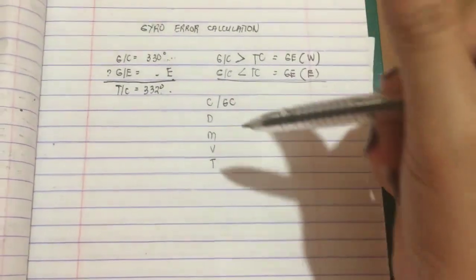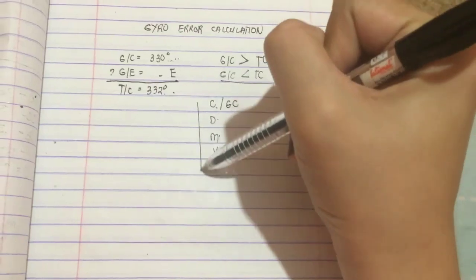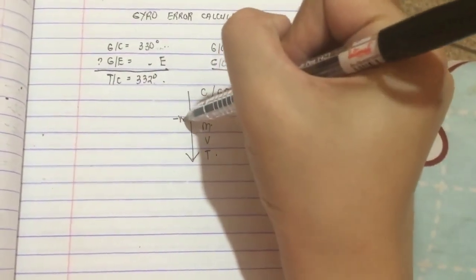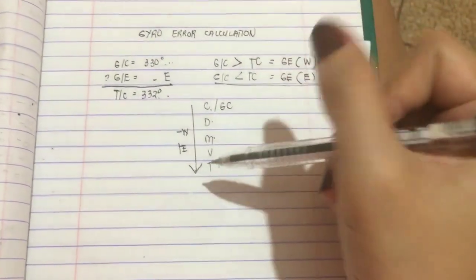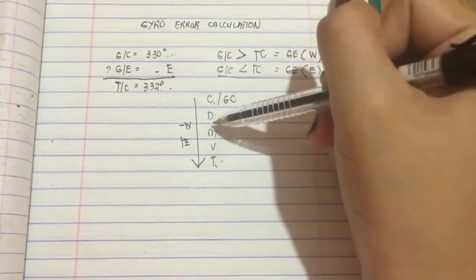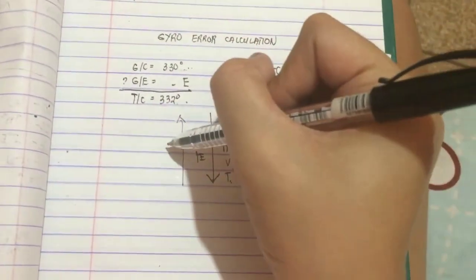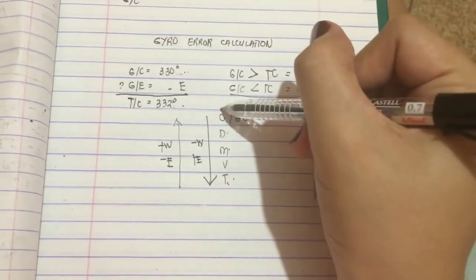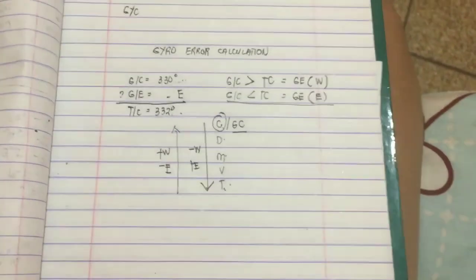So the rules regarding CDMVT: compass course to true course means subtract westerly and add easterly. And when we are calculating from true course to compass course, the rule will be add westerly and subtract easterly. So we will remove compass course; instead, we will be using gyro course.